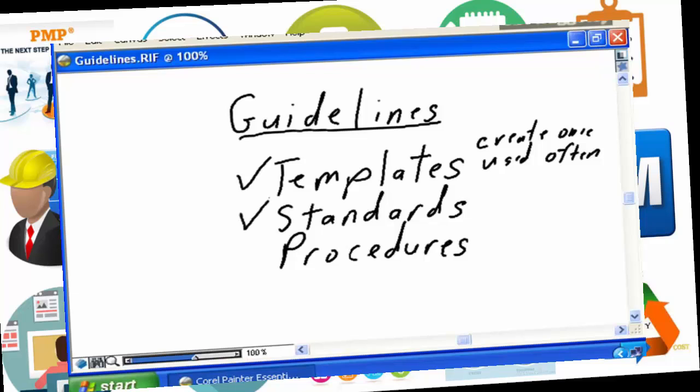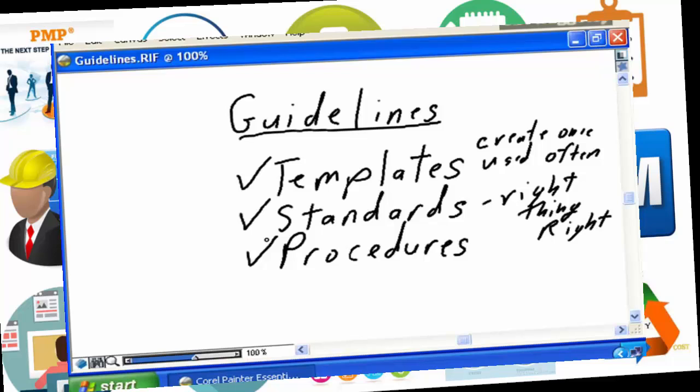Another key to effective communications is ensuring standards are in place, ensuring that everybody is doing things the same way, ensuring that all status reports have a consistent look and feel, and that all status reports contain the same information. Standards and procedures ensure that we do the right things right. Procedures ensure that everybody is following the same steps.